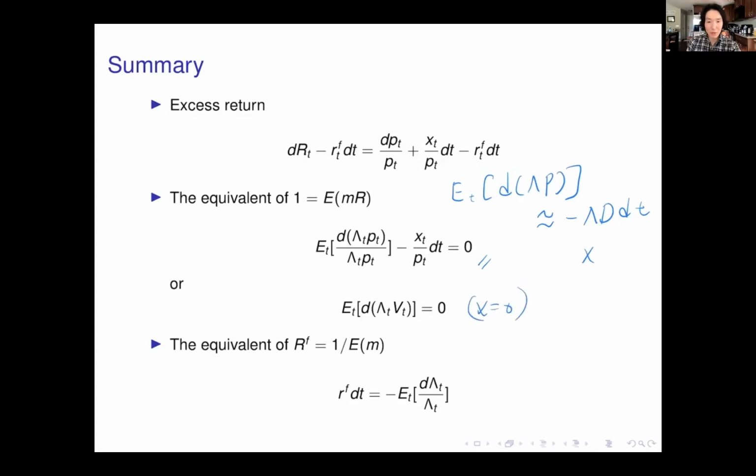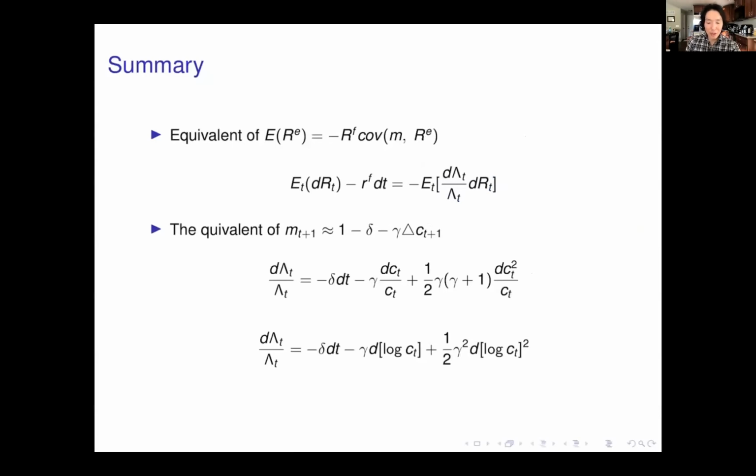And we also saw how the risk-free rate is determined based on the stochastic discount factor. So there's also, again, very strong analogy with respect to the discrete time case. In the discrete time case, risk-free rate is the inverse of the average value of the stochastic discount factor, whereas in the continuous time, the risk-free rate is basically the negative of the conditional expectation of the stochastic discount factor.